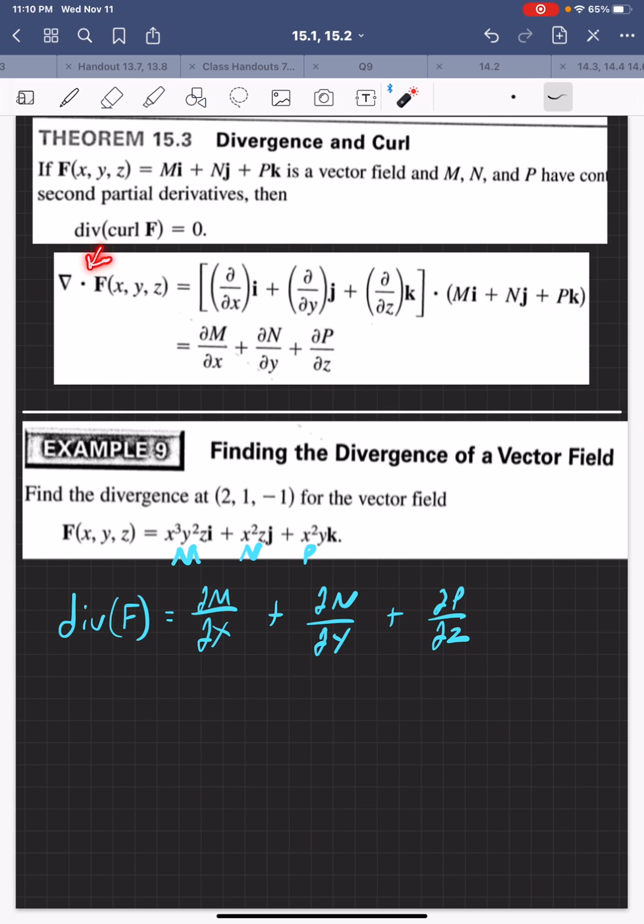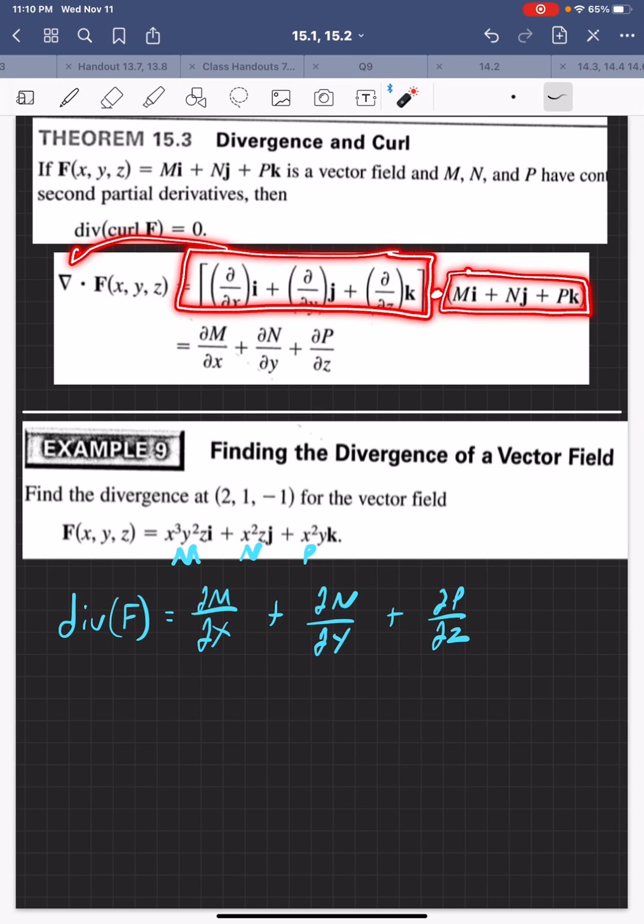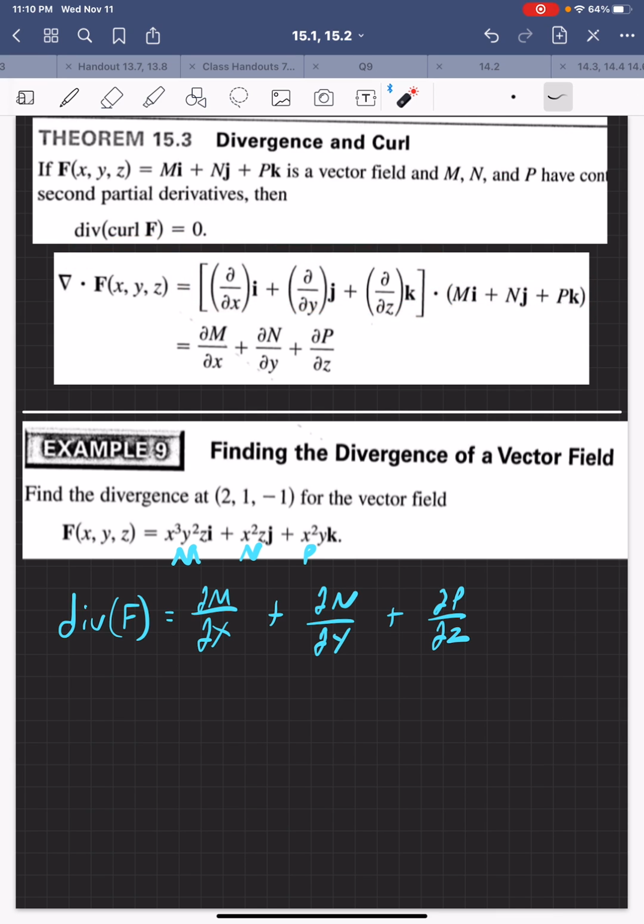And again, there's that differential operator. But what it really comes down to is, what is it that you're dotting? Well, you're going to dot the vector field with that gradient differential operator with respect to x, y, and z.